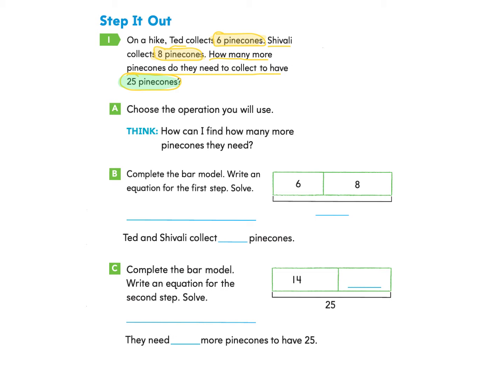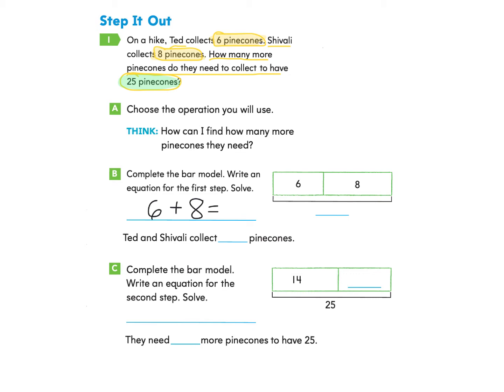All right, let's take a look at Part B. Complete the bar model. Write an equation for the first step and solve. So here we have the total number of Ted's pine cones, 6, and Shivali's, 8. So we need to put these two together, or add them together. So we have 6 plus 8 equals, and maybe you'd like to pause and try this part on your own.